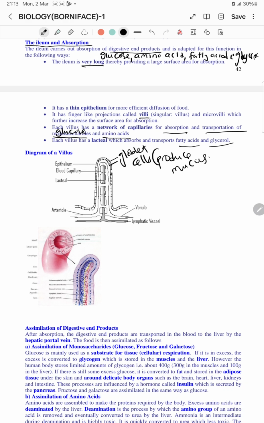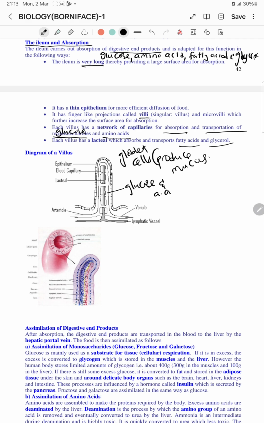Then we also have this part here, which is the blood capillary, the white part where I'm pointing inside. Its function is to transport glucose and amino acids.